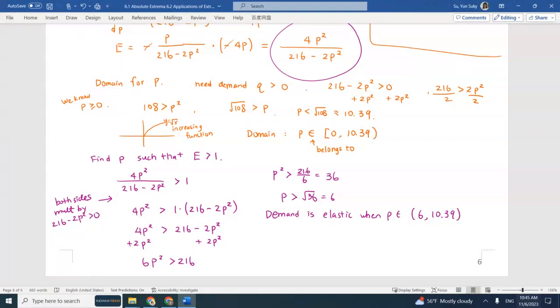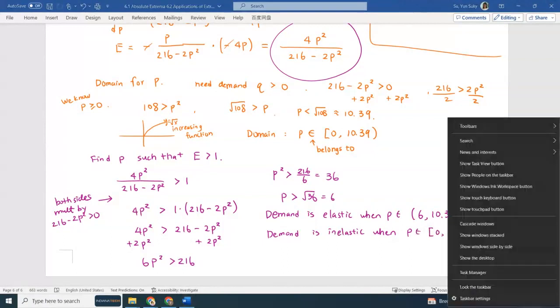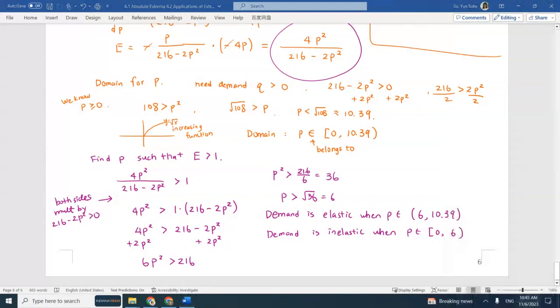Okay, everybody? And similarly, you get the demand is inelastic when P is less than 6, which is 0 to 6. Right, everybody? Because if you change this sign to less than 1, this will be less than that, and less than that.